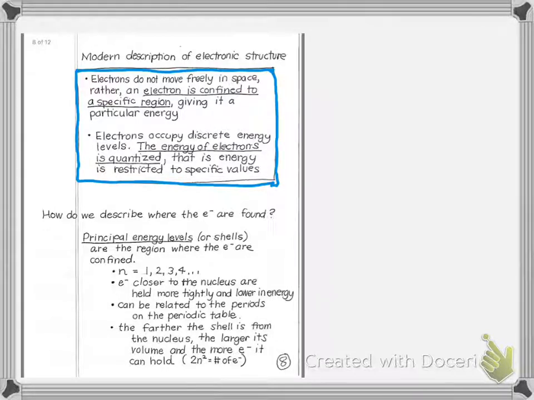Electrons occupy discrete, which I think of as individual or specific, energy levels. Now, an important idea in the development of the theory of where electrons are is that the energy of electrons is quantized. Another way you see it says that energy is restricted to specific values.